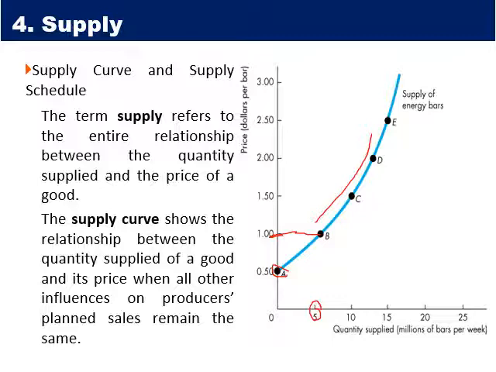On the other hand, a fall in price, say from $1.5 to $1, brings a decrease in the quantity supplied from 11 to 8 million per week. So, as I said, a fall in price will lead to a decrease in the quantity supplied, and we will move down along the supply curve. And of course, as before, we assume that all other factors are constant.